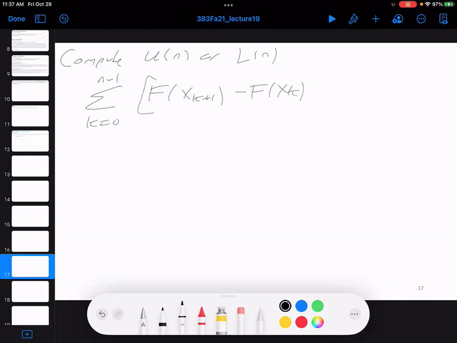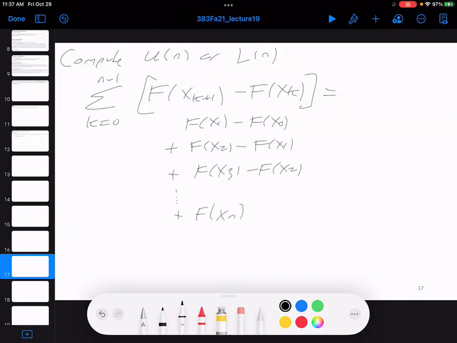What does this sum equal? So it's F of x1 minus F of x0 plus F of x2 minus F of x1 plus F of x3 minus F of x2, and so on, plus F of xn minus F of xn minus 1.